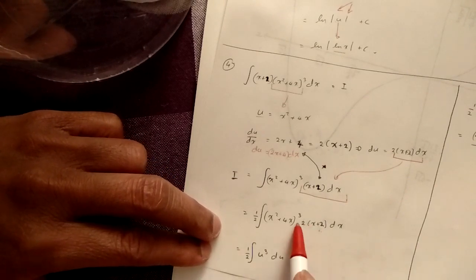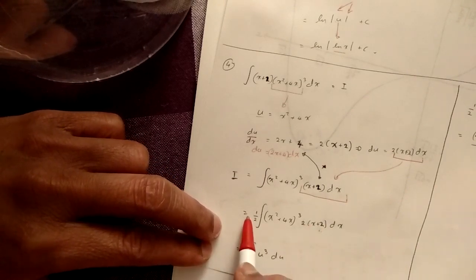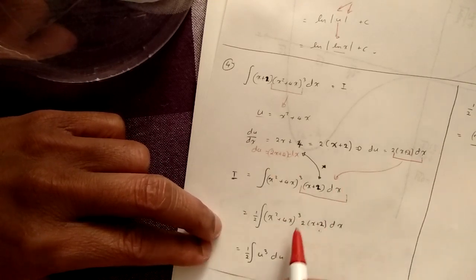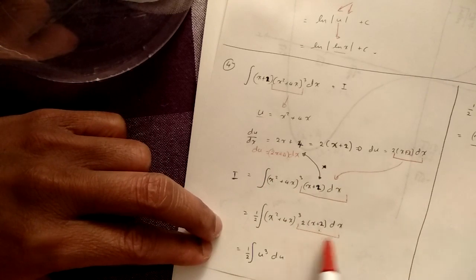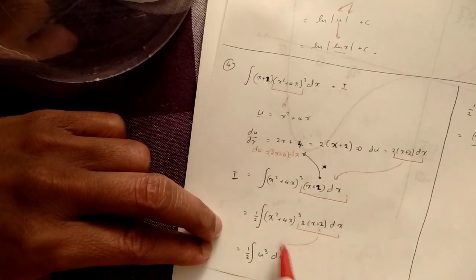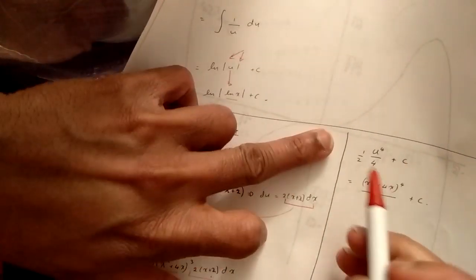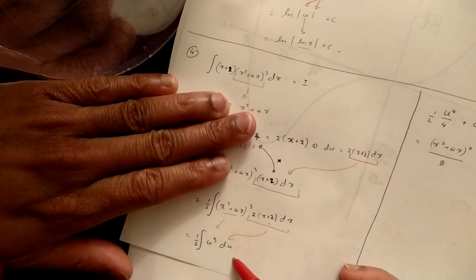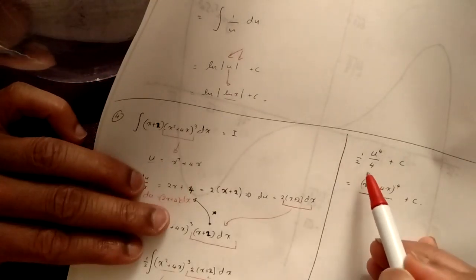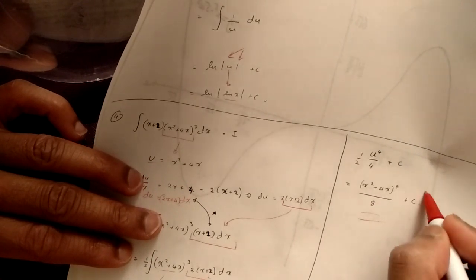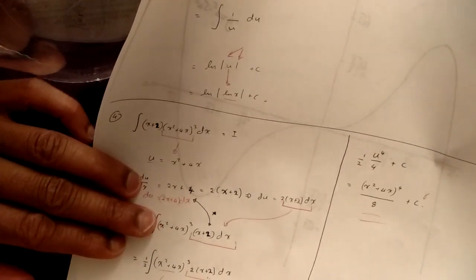Now we can replace this term with du, and here we have u cubed, which is a very simple integral, and we have the standard result for this one as u to the power 4 divided by 4, and so we have the result. Don't forget to add the arbitrary constant.